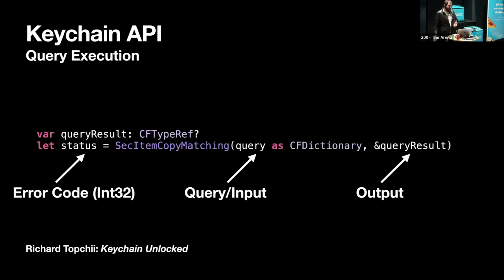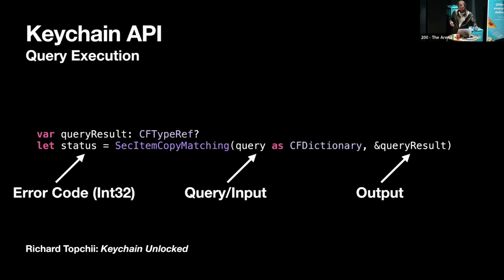And one of the challenges with this procedural, C-based API is that it never returns the data to you directly. If you take a look at the status, that's an error code. It's not the data that's returned from the method, or actually a function in this context. The output is passed separately as a parameter to the method.